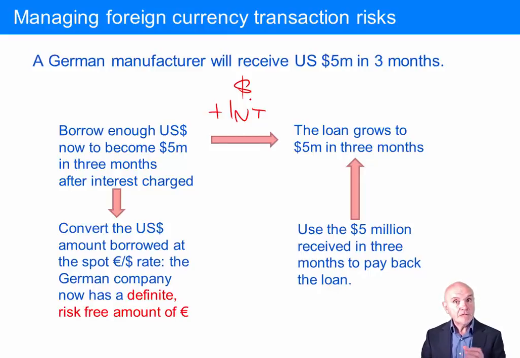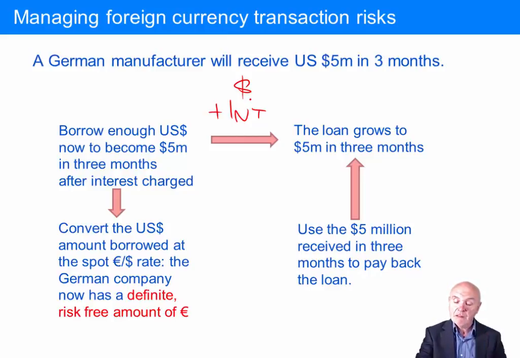Now this means, therefore, we have the dollars today. And if we have the dollars today, we can change them today into euros, and there's no more risk. We change the dollars today, and on the back burner, you've got your overdraft, your loan accruing up, and in 3 months' time, the $5 million will come in from your customer just to pay that off.